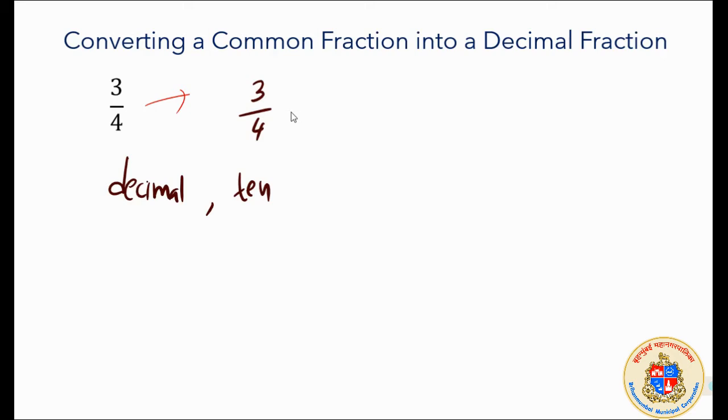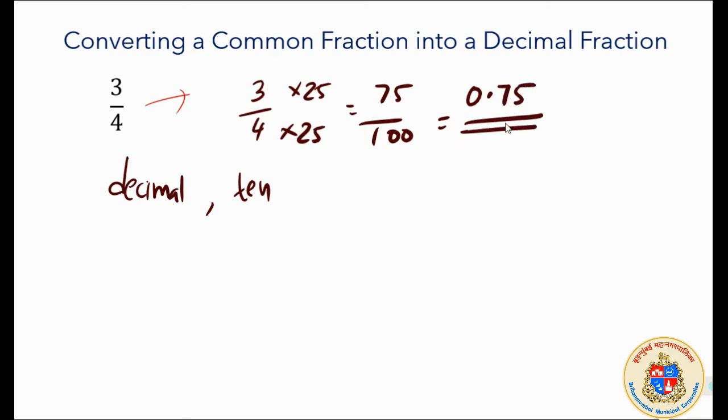Whichever is convenient to you, you can do. I would say that if you multiply this with 25, easily it will get converted into 75 upon 100, and the decimal fraction will be 0.75. This is the common and simplest way.